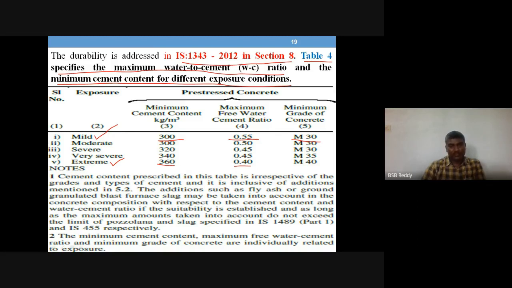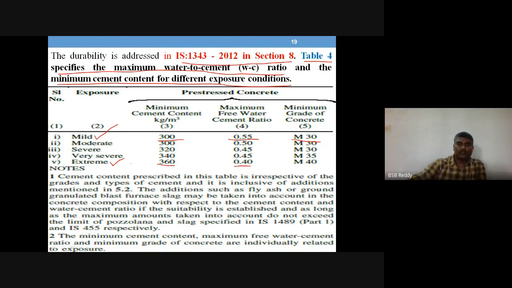So prior to starting with the mix design of concrete, M30 mix or M40 mix, you have to have the conditions known to you so that you don't commit a mistake in getting the right, proper concrete mix design.